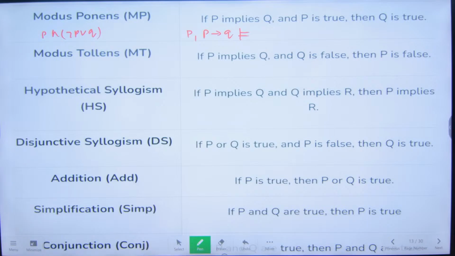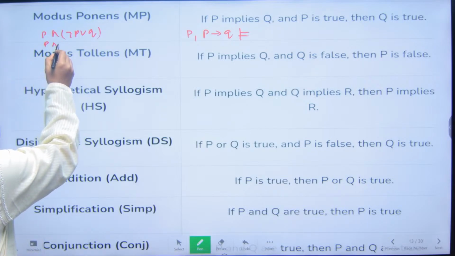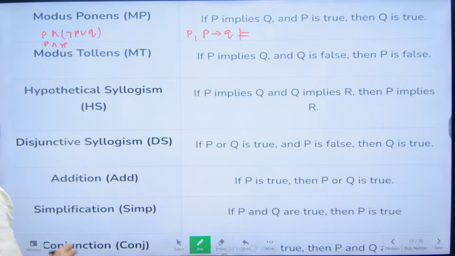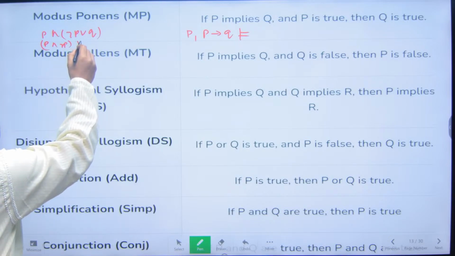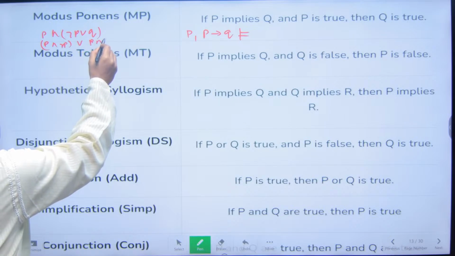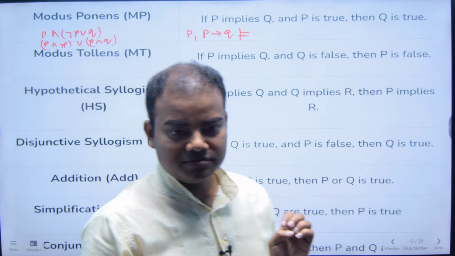Yes, so apply it. This will become P and not P, or P and Q. Is it clear? So P and not P is what?